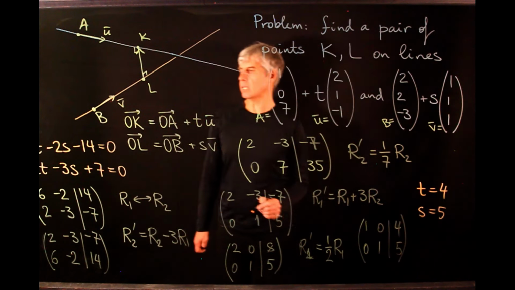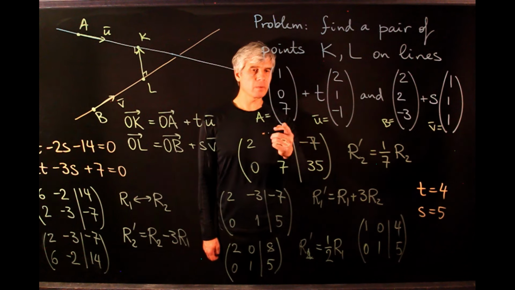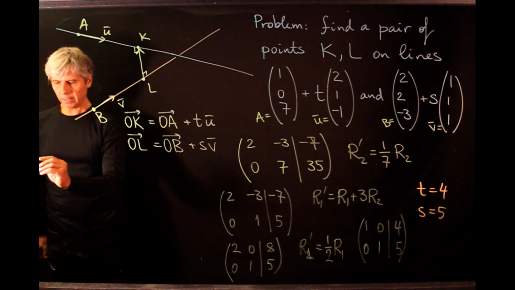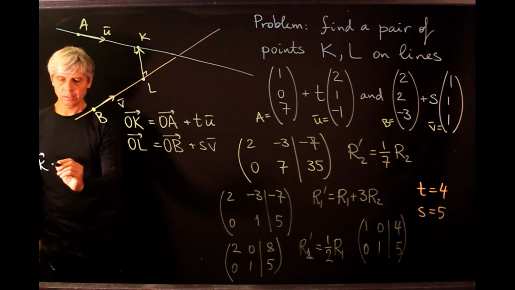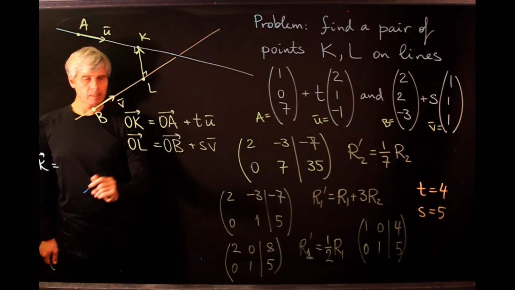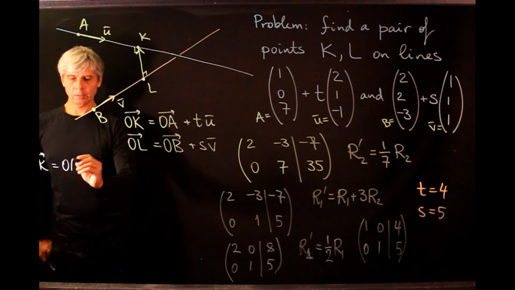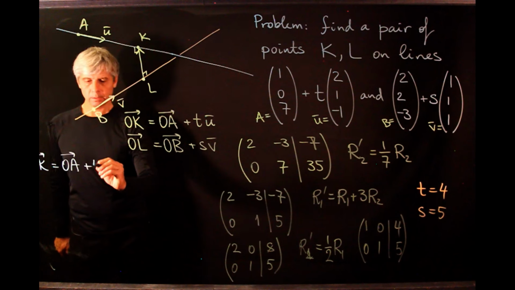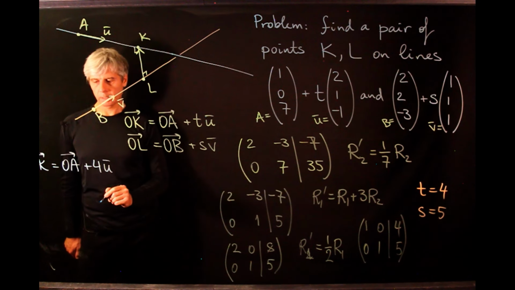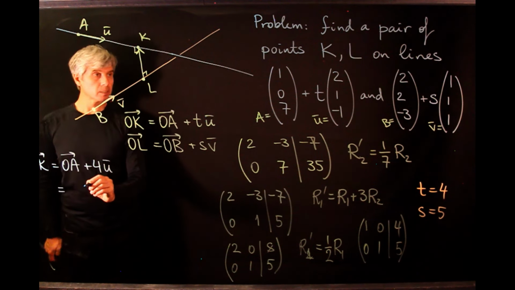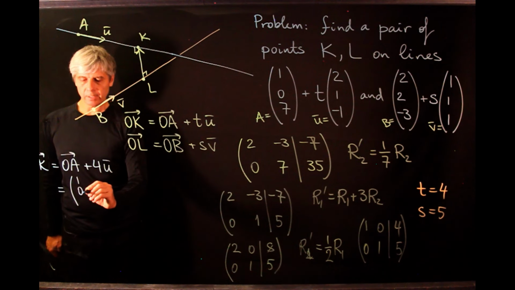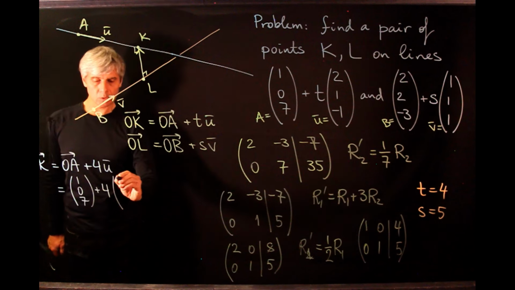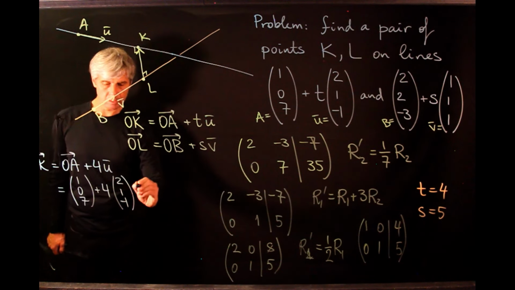And so this tells us immediately what are the points K and L. So we obtain that OK is equal to OA plus 4 times U. So this becomes 1, 0, 7 plus 4 times 2, 1, negative 1.